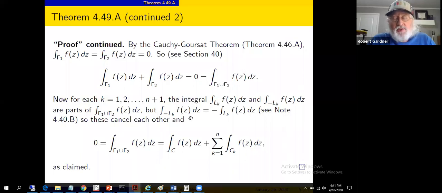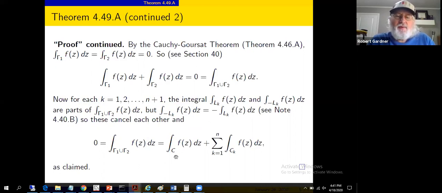We integrate in one direction, we integrate in the other direction. We'll bust the integral about gamma 1 into a bunch of little pieces. There was a piece over C, then a piece over L1, and a piece over C sub 1, and a piece over L2, and so forth. All the L stuff cancels out when we integrate over gamma sub 2. So we get cancellation of those little pieces.